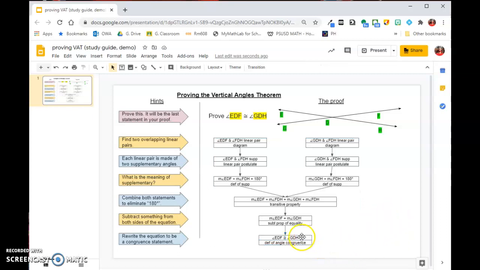Double check. Did I finish with what I claimed I was going to finish with? Angle EDF is congruent to angle GDH. Yes, I did. Let's check that these pairs work together. EDF, FDH. GDH, FDH.